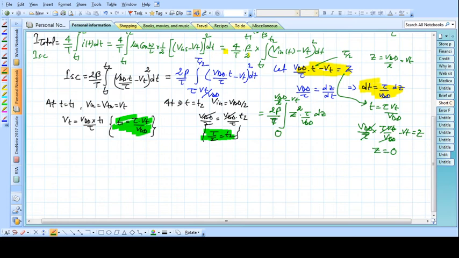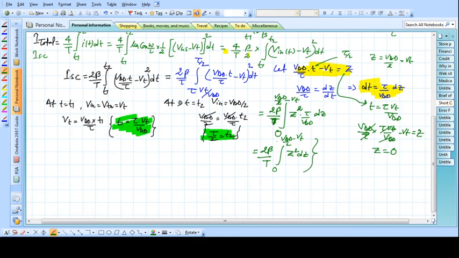Okay, this one is t, not tau. So again, this one is 2 beta by tau, from 0 to VDD by 2 minus vt of z square dz.